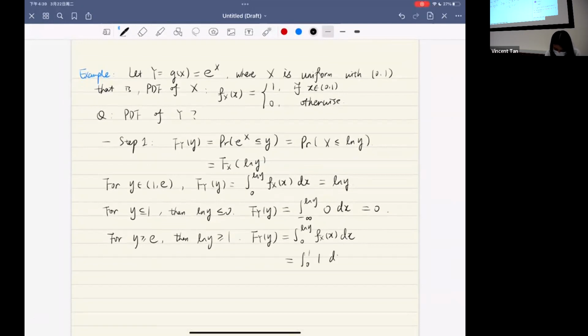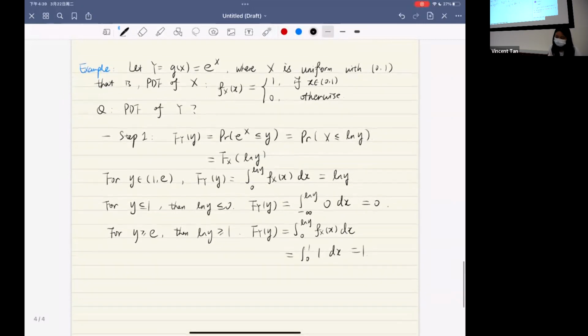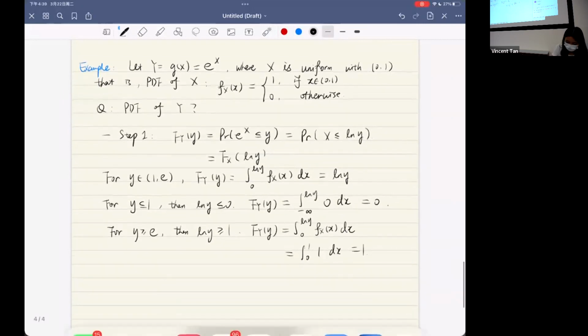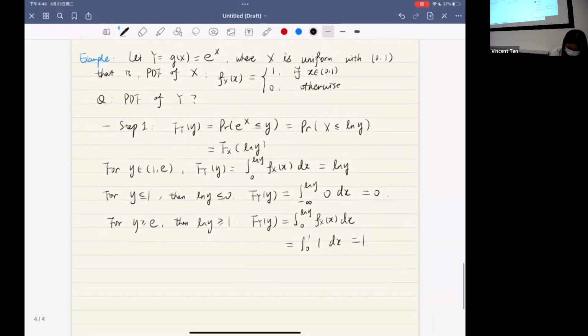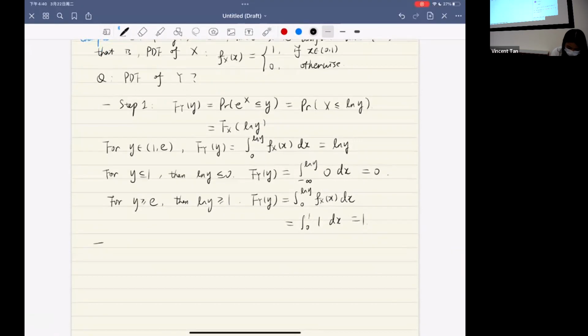And this is equal to 1. So F_Y is equal to 1. Then we can differentiate the CDF to obtain the PDF.